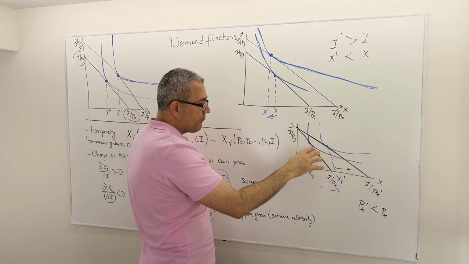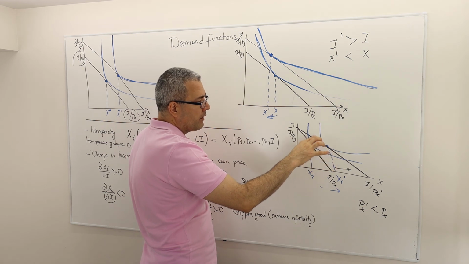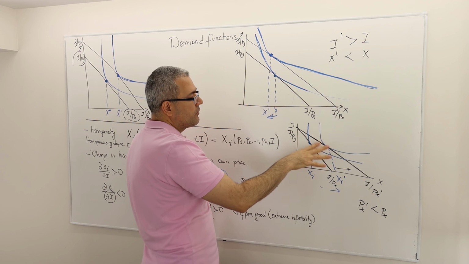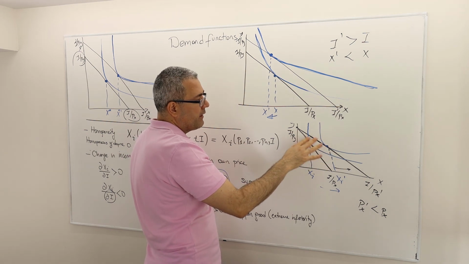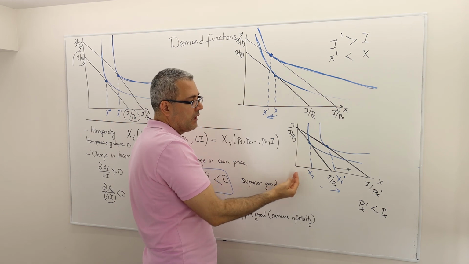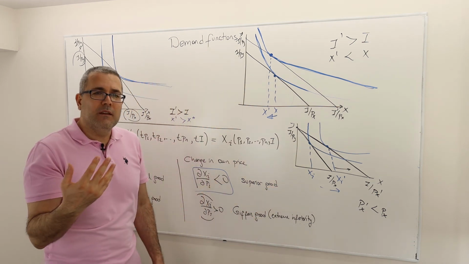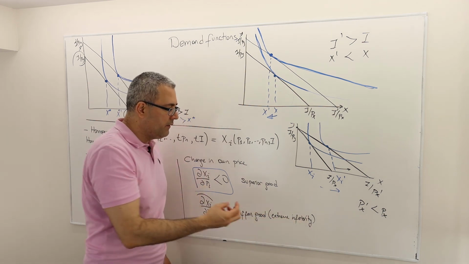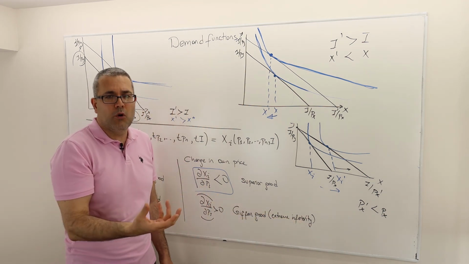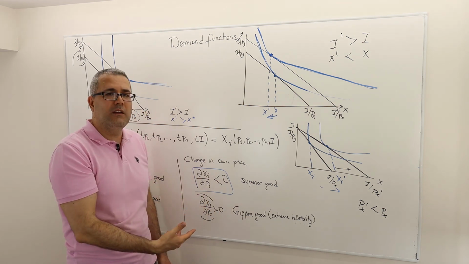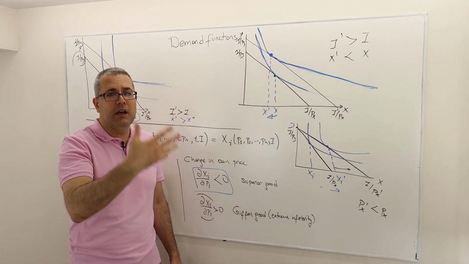The indifference curve shape again matters, so the new optimal point is going to be somewhere below this, before this X. This extreme inferiority plays a role in determining whether the good is Giffen or not. It's going to come up later.